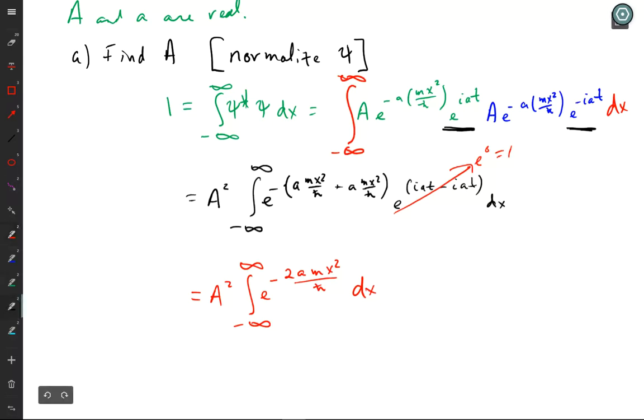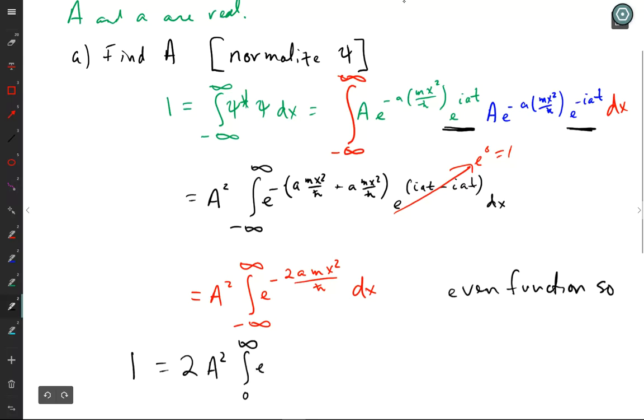Okay, we realize it's an even function. So A squared integral from 0 to infinity, I just cut it in half, e to the minus 2am x squared over h bar dx.